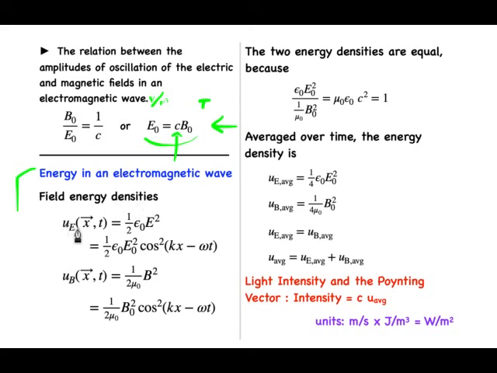The energy density of an electric field is 1/2 epsilon naught E squared. So let's put in E naught cosine kx minus omega t. I never fixed that, did I? Kz minus omega t.